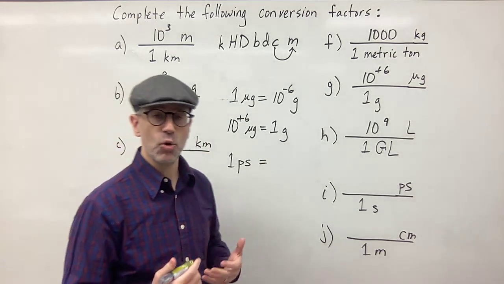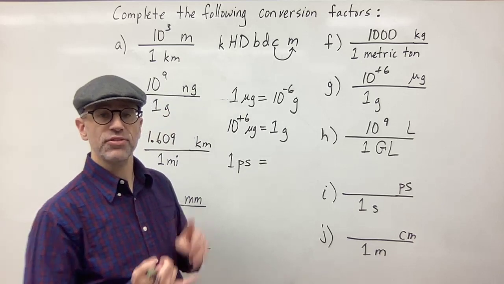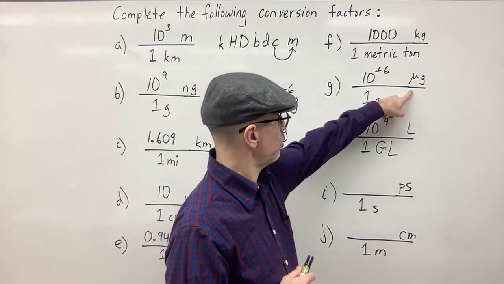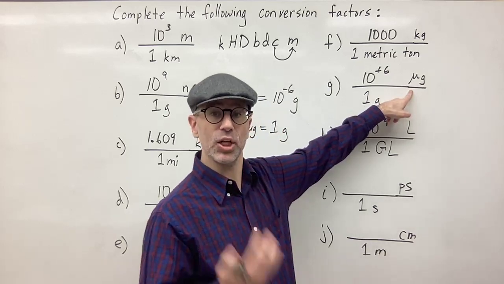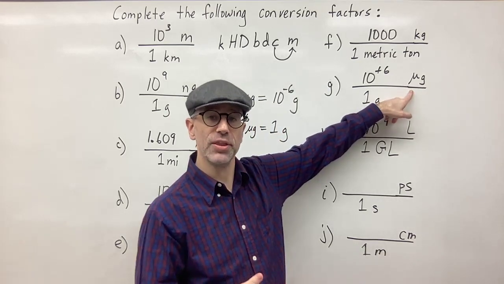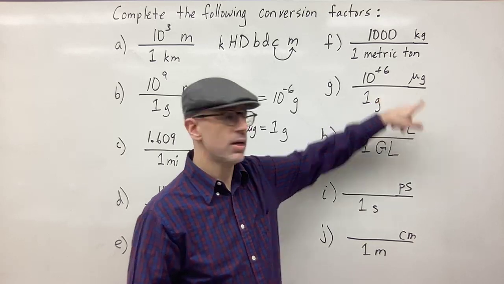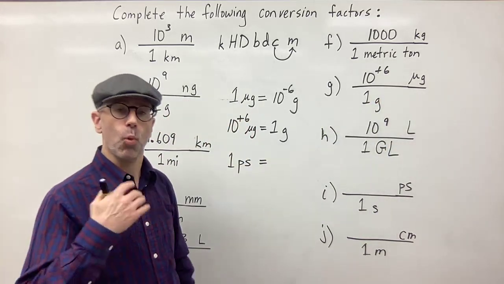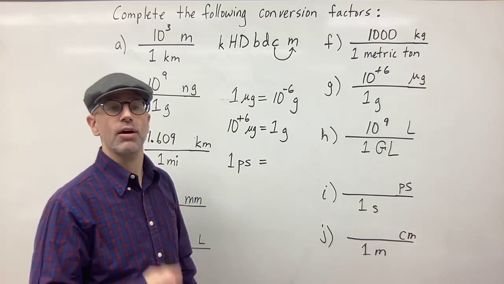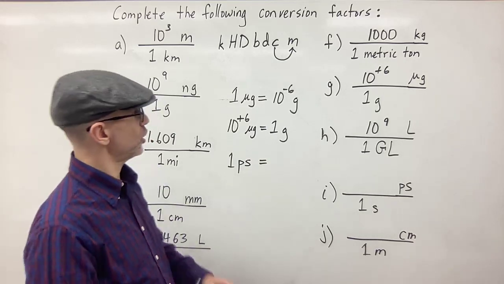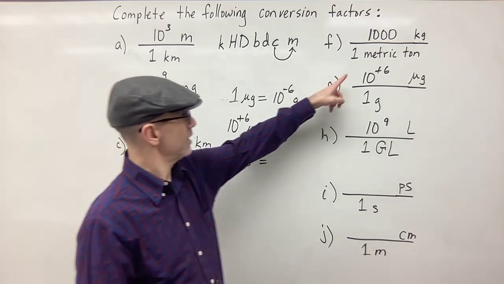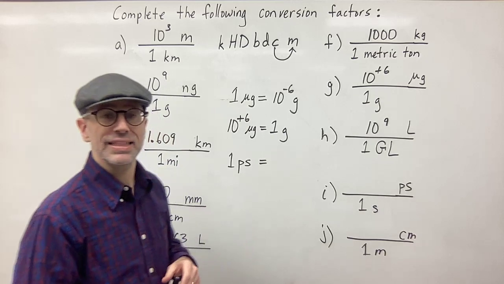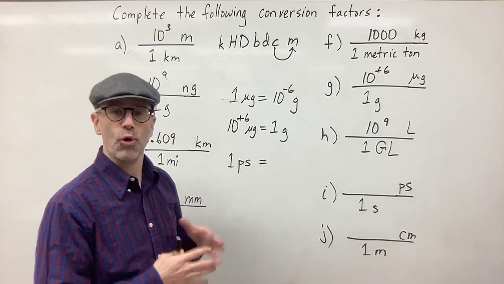Well, what does pico mean, right? So we've seen micro, right? So we got micro here, that we said was 1/1,000,000th of the base unit. And then we saw nano. Nano was 1/1,000,000,000th of the base unit, right? So that was 10 to the negative 9. I'm sorry, 10 to the negative 6 for micro, 10 to the negative 9 for nano.